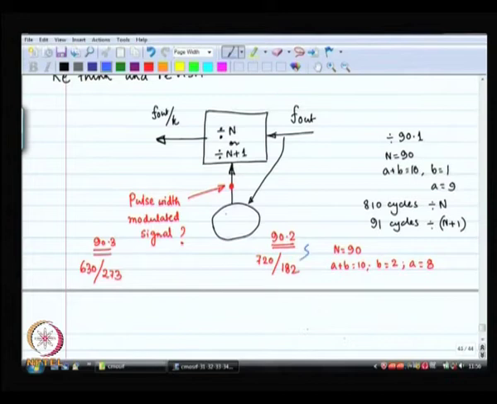Here the duty cycle is 10%, here the duty cycle is 20%, here the duty cycle is 30%, 90.3 duty cycle is 30%, 90.4 you expect a duty cycle of 40%, 90.5 50% and so on. 90.9 you will have a duty cycle of 90%, 91 you can do a duty cycle of 100% or you can change n and make the duty cycle 0%.